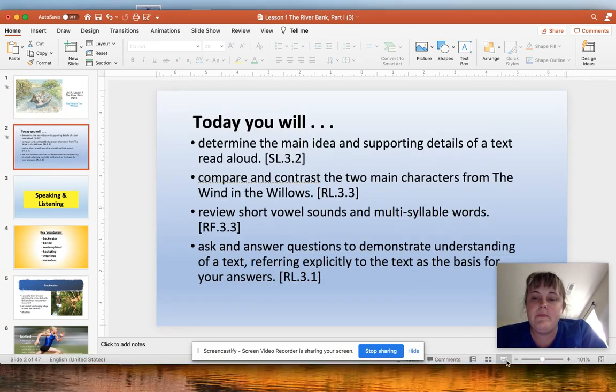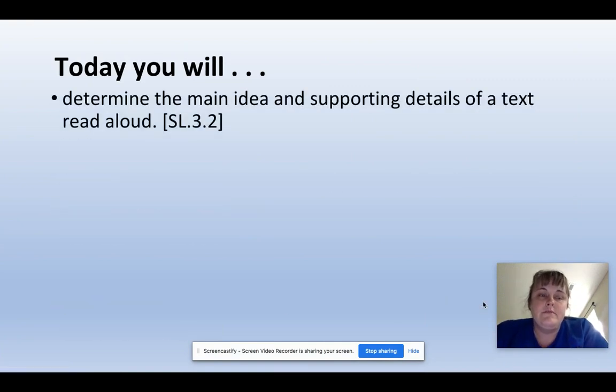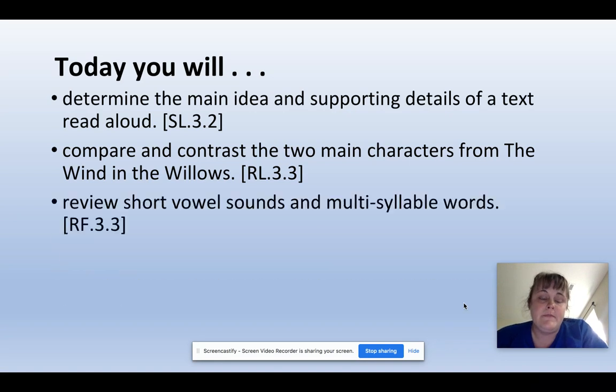Okay? So today you will determine the main idea and supporting details of a text read aloud. Compare and contrast the two main characters, who are going to be Rat and Mole, from The Wind in the Willows.